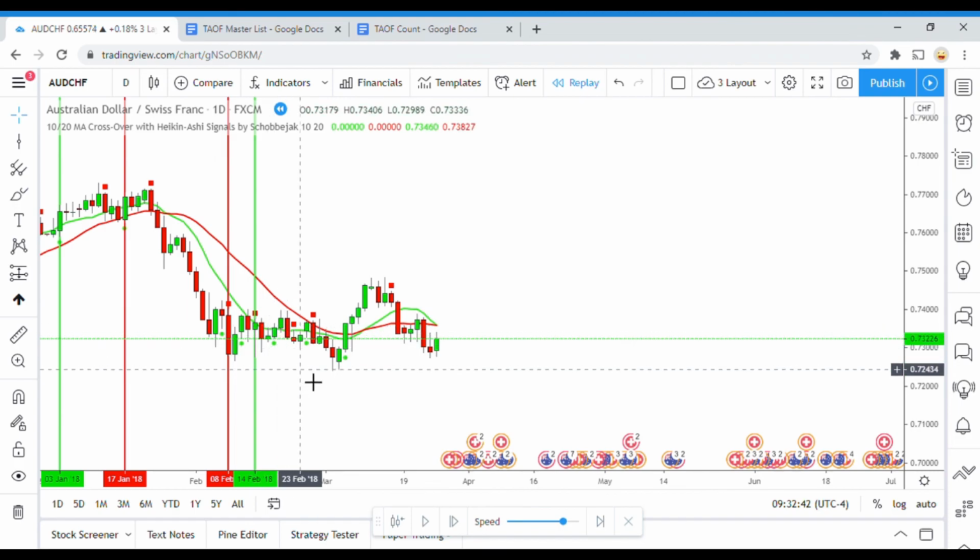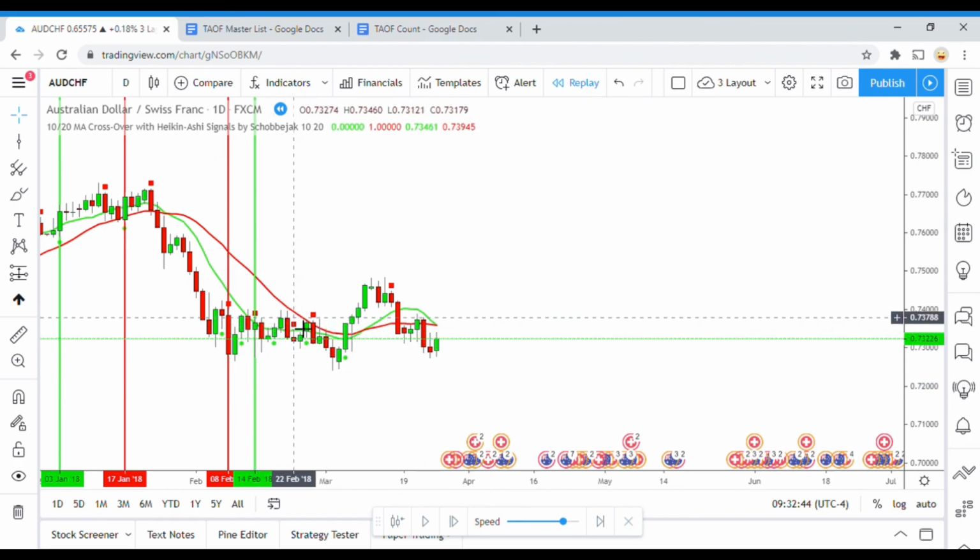If the stock was not putting in lower lows, then these are signs that the short position here was weakening and the momentum was weakening in the move down.